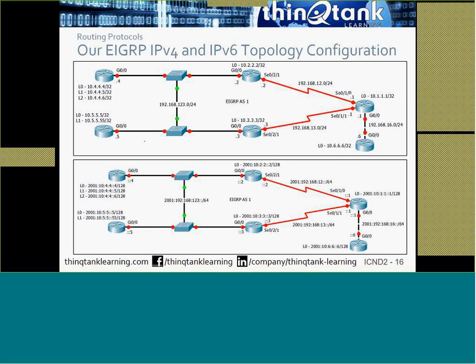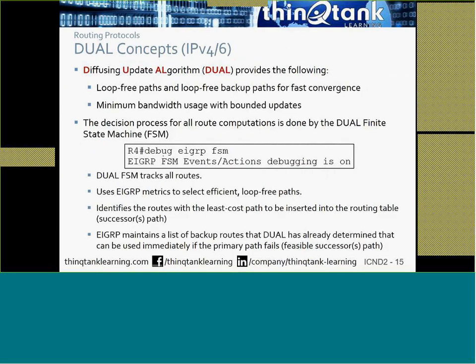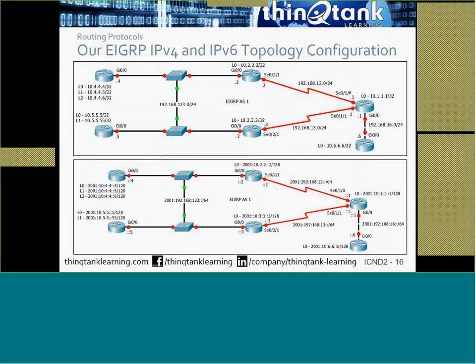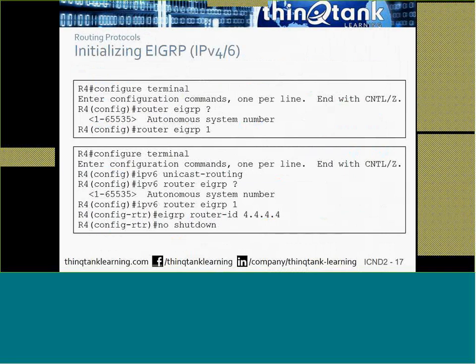All right? Now I'm going to show you how to do it in IPv6, and you're going to love me for it. In IPv6, it's much simpler. There are no network statements. First of all, you have to turn on IPv6 routing, which we had talked about before, IPv6 unicast-routing. Then you would configure EIGRP, IPv6 router eigrp 1.